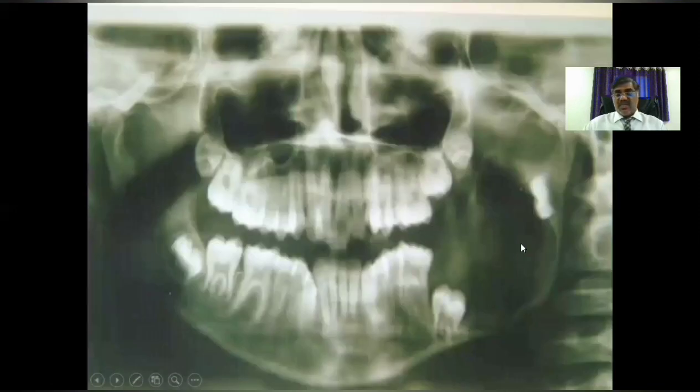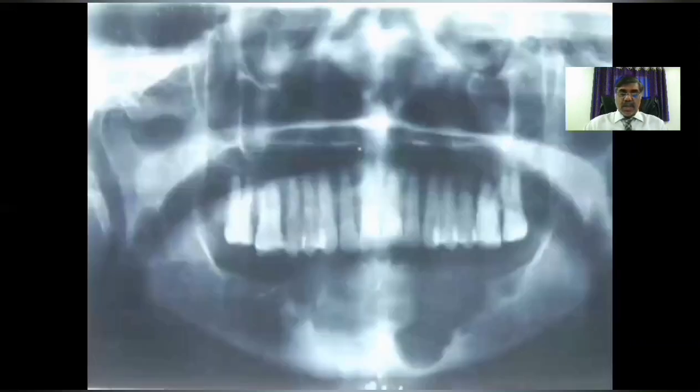Again, a similar case of ameloblastoma, where the third molar has been pushed towards the condyle and the second molar is pushed towards the lower border. Such displacement of the tooth, resorption of the tooth, and displacement of the neurovascular bundle is a feature of slow growing pathologies like cyst and benign tumor.